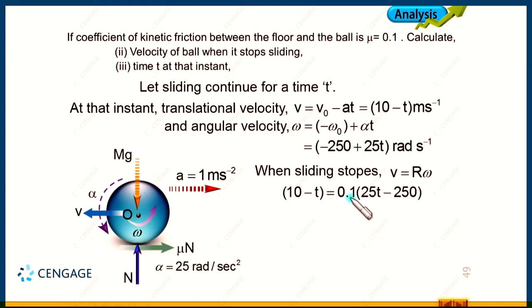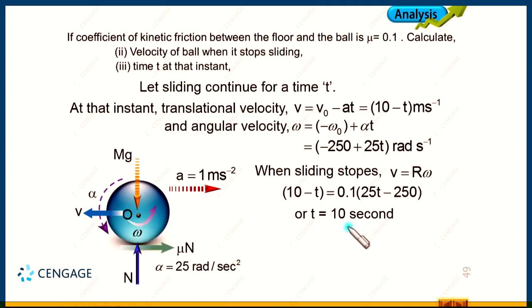We can find the value of t after calculation, this value is 10 second. If we substitute the value of t in this equation, this is 10 minus 10, that is equal to 0. That means this ball will stop at t equal to 10 second.